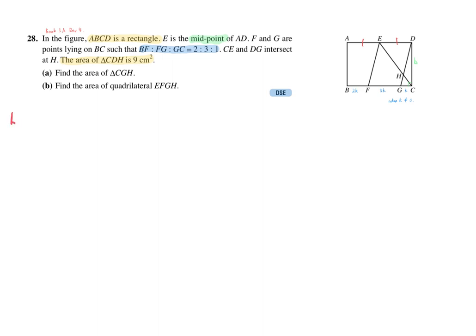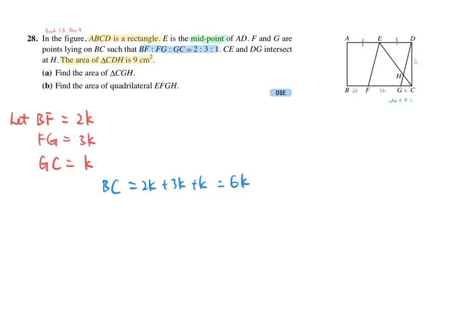First of all, we let BF equal to 2K, FG equal to 3K, and GC equal to K. Besides that, we can also say that BC altogether is equal to 2K plus 3K plus K, so it is 6K.